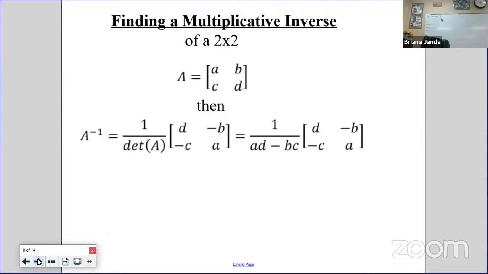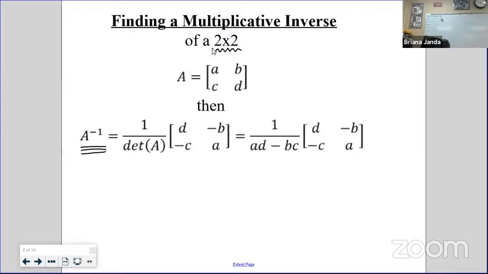So if we have a matrix here, A, B, C, D, and this is only for a 2 by 2, our process will change with a different size matrix. But for a 2 by 2, your inverse can be found by doing 1 over that number we just found on the last page. So 1 over your determinant, and then look at how these things switch. A and D just flip-flop spots.